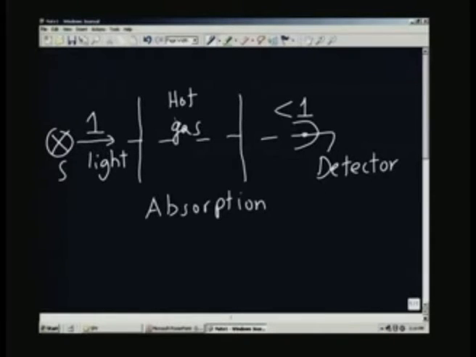Now, imagine that the gas is hot. Suppose you take a gas molecule here, it is also emitting in all directions because of the temperature Tg. The gas is at temperature Tg and it is emitting radiation, and therefore some of the radiation going in this direction from the gas molecules within will also come here.